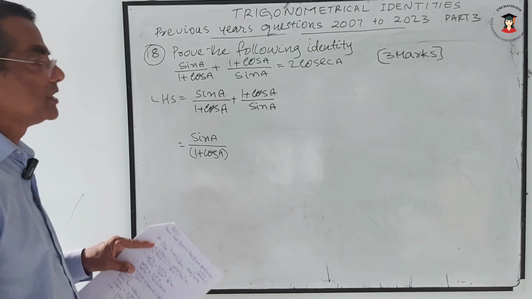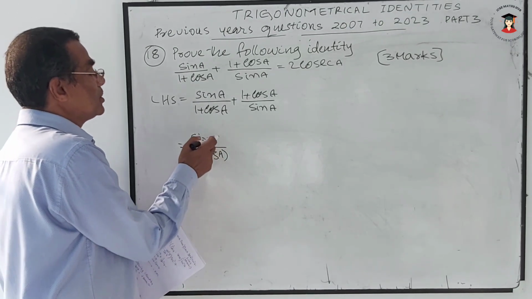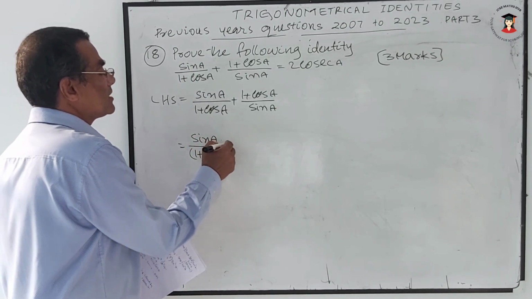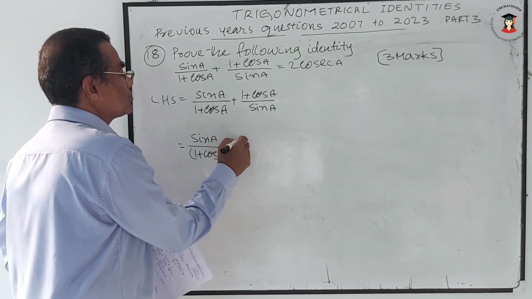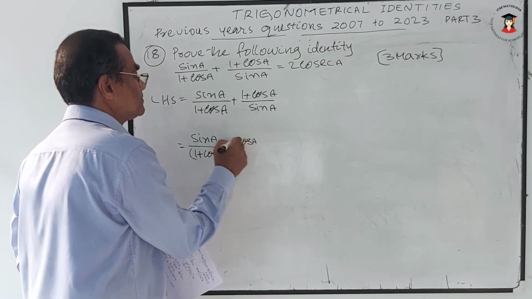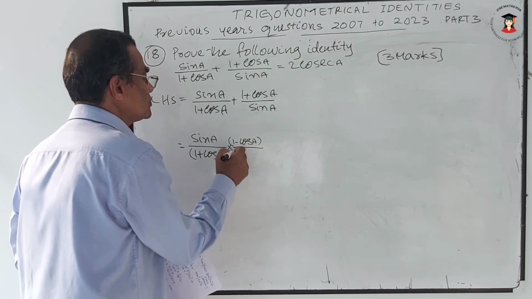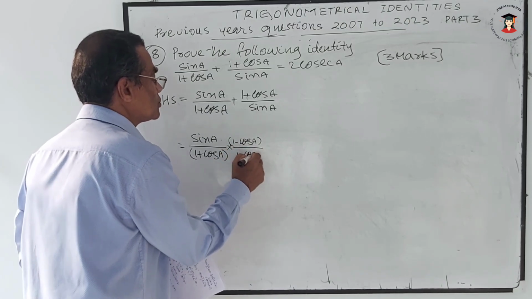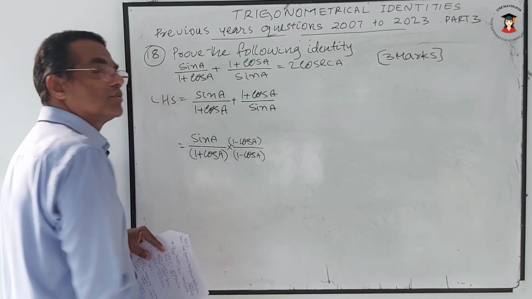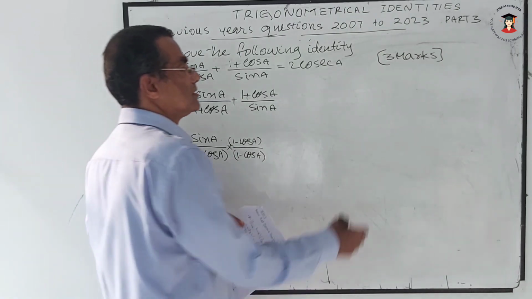Here, what I am doing is, I am multiplying the numerator and denominator by 1 minus cos A. There won't be any problem. We can do like that.